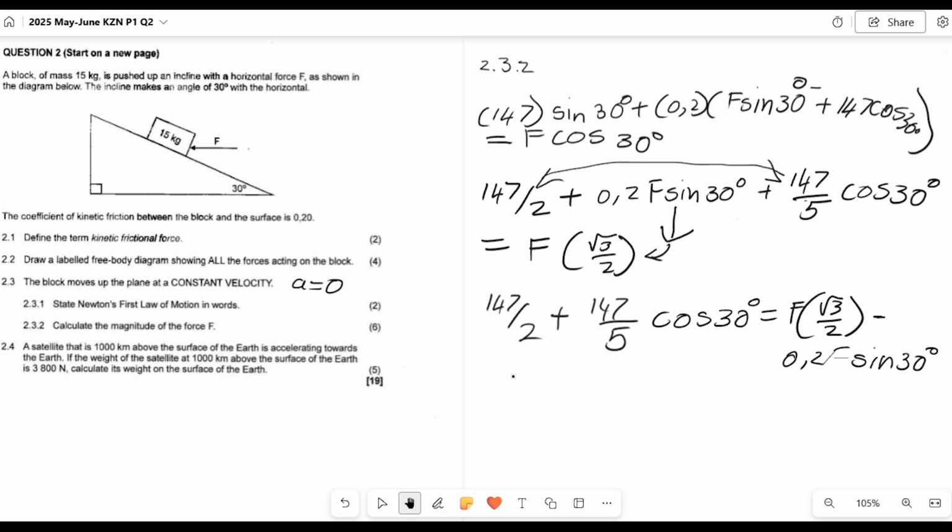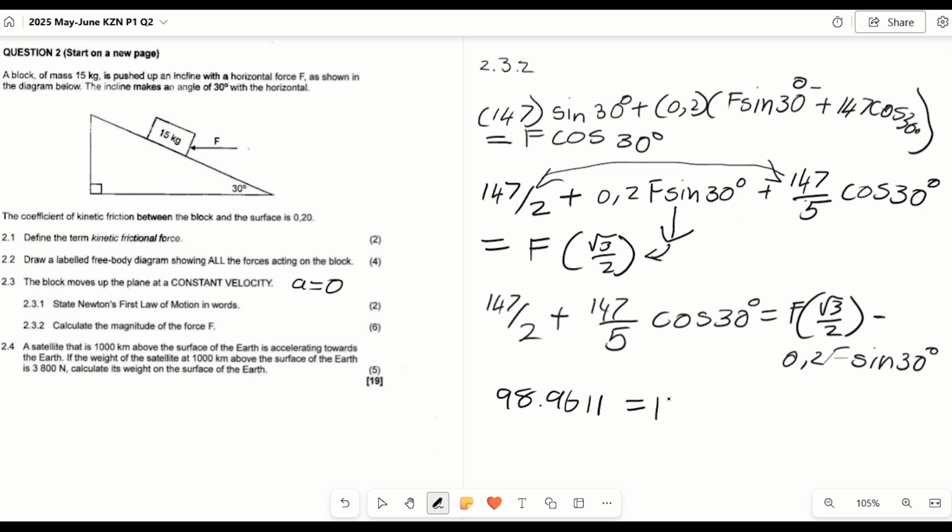So let's add those two. We get 147 divided by 2 plus 147 divided by 5 cos 30 degrees, gave me 98.9611.